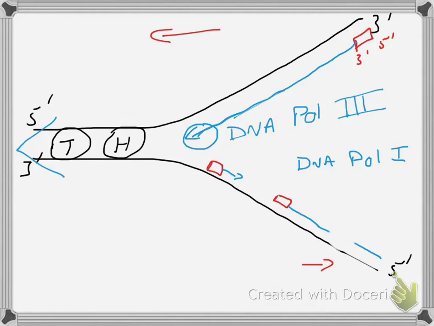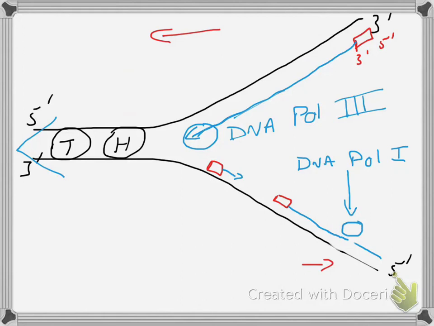And it is going to extend this fragment almost to where it needs to be bonded to our initial fragment. So it's taking fragment 2 and extending it so that it runs up against fragment 1, and it's removing the primer of fragment 1. So that's what DNA polymerase 1 would do.